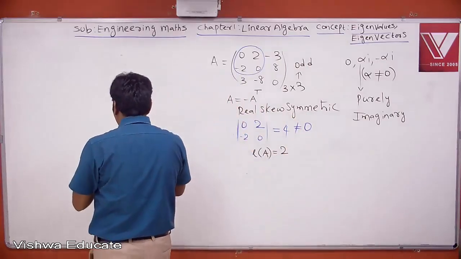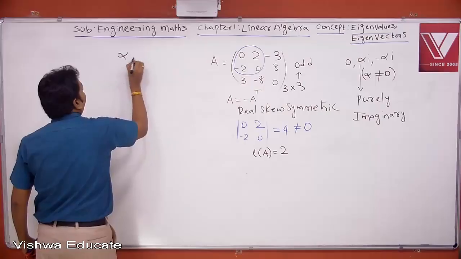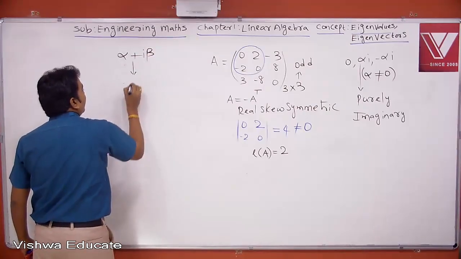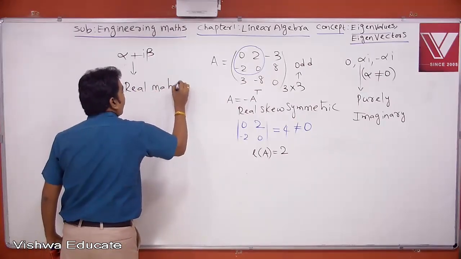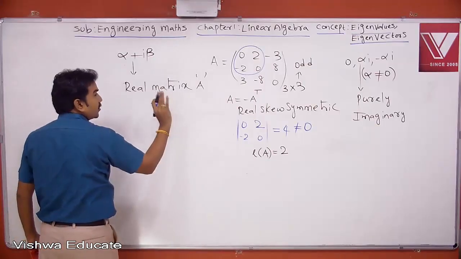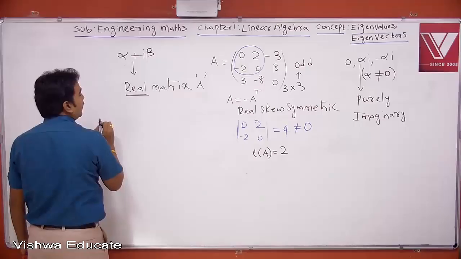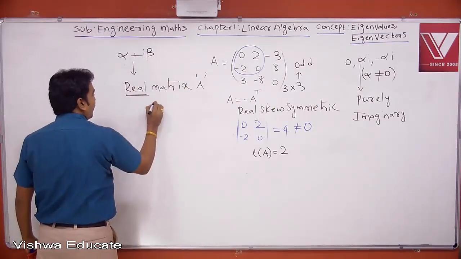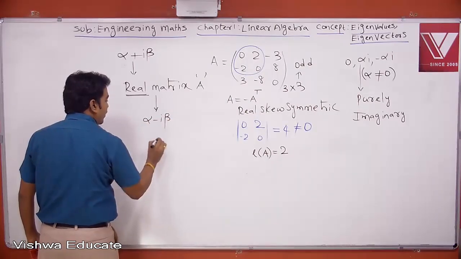Now, based on these points, I can discuss one more point. The point is this. Suppose alpha plus i beta is an eigenvalue of a real matrix A. I don't know whether it is symmetric or skew symmetric. It is a general matrix, but the elements inside the matrix are real. So if A is a real matrix whose eigenvalue is alpha plus i beta, then for this matrix another eigenvalue is alpha minus i beta.